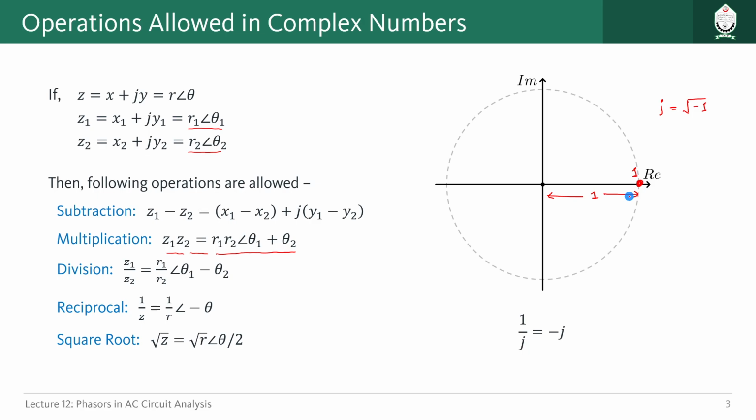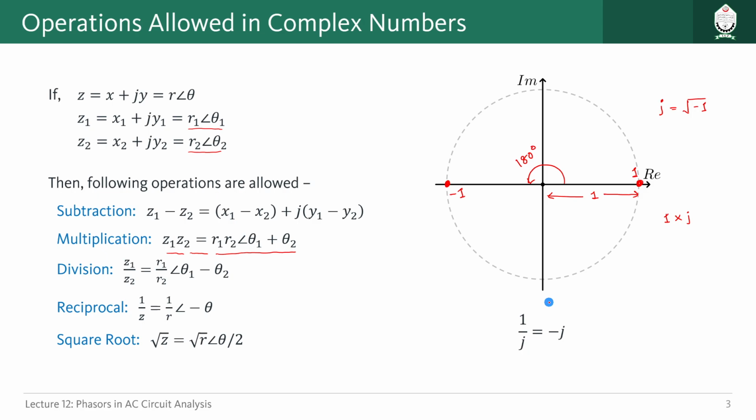Now if we multiply this 1 with j, then what will happen? To understand, let us first plot the value of minus 1. If we want to plot the value of minus 1 in this complex plane, that will be this one, right? This is minus 1. And to get to minus 1, we had to go in total 180 degrees, right?